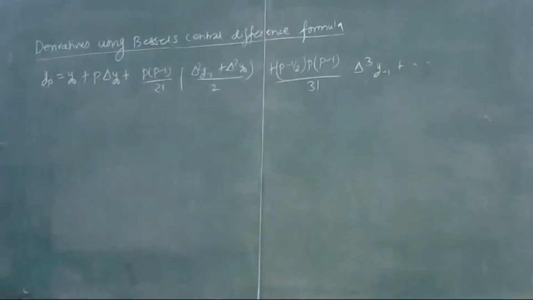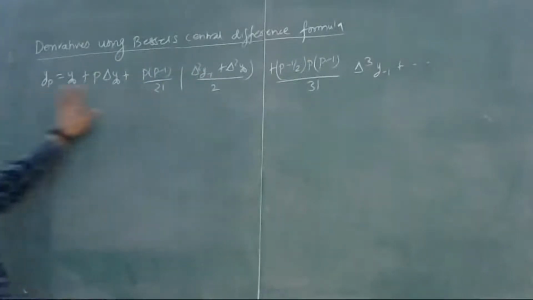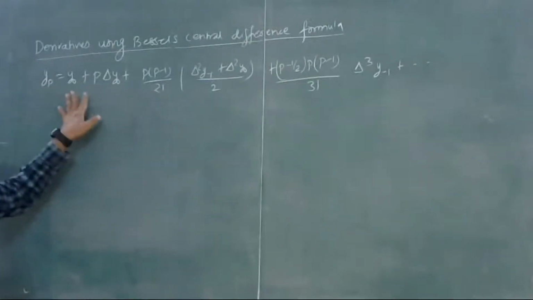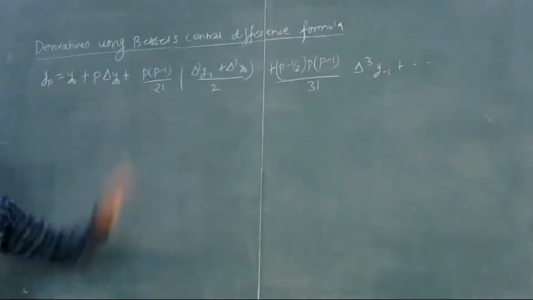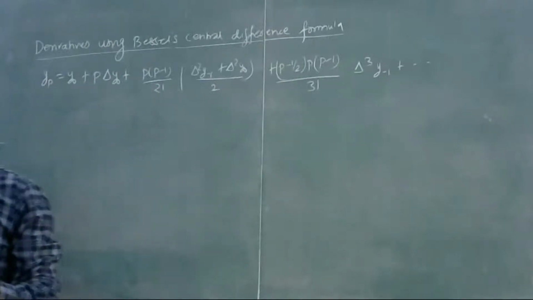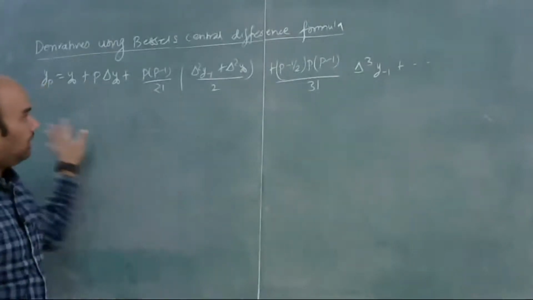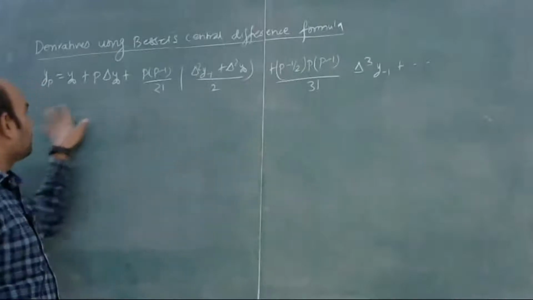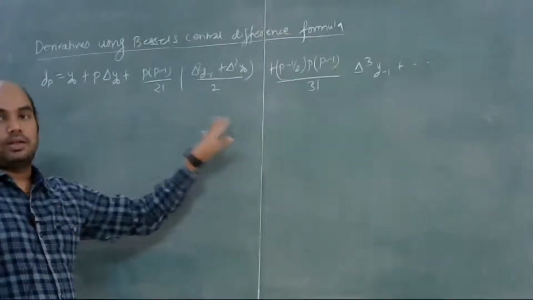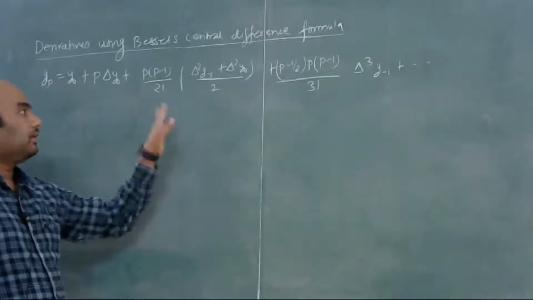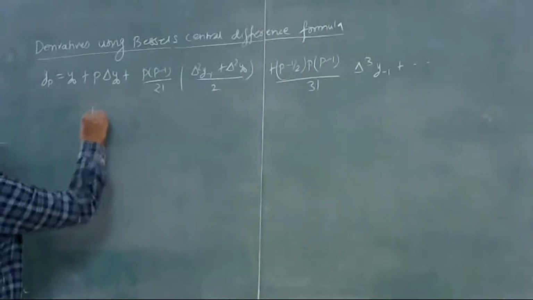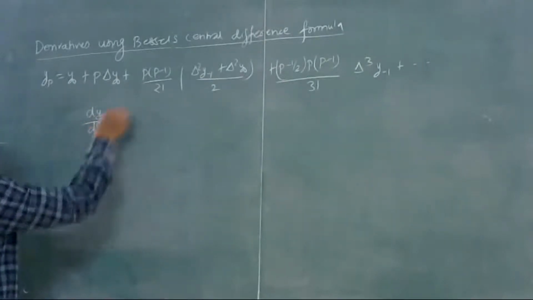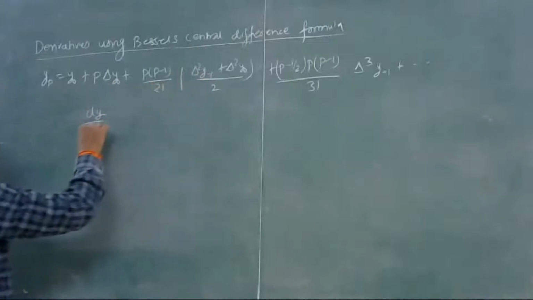So in the last class we studied Bessel's central difference formula. So this is the central difference formula using Bessel's formula. Again we have to find the derivative. First we will find dy by dx. So we differentiate the above equation with respect to p.